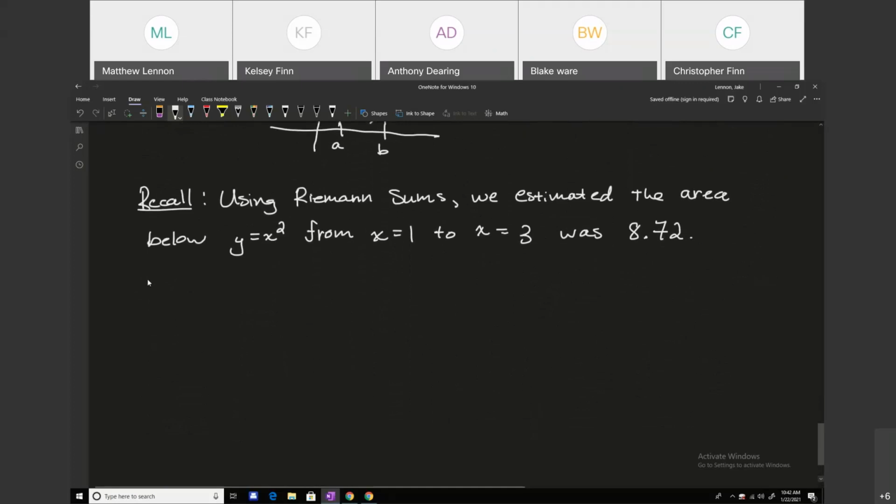So use the fundamental theorem to find the exact value.